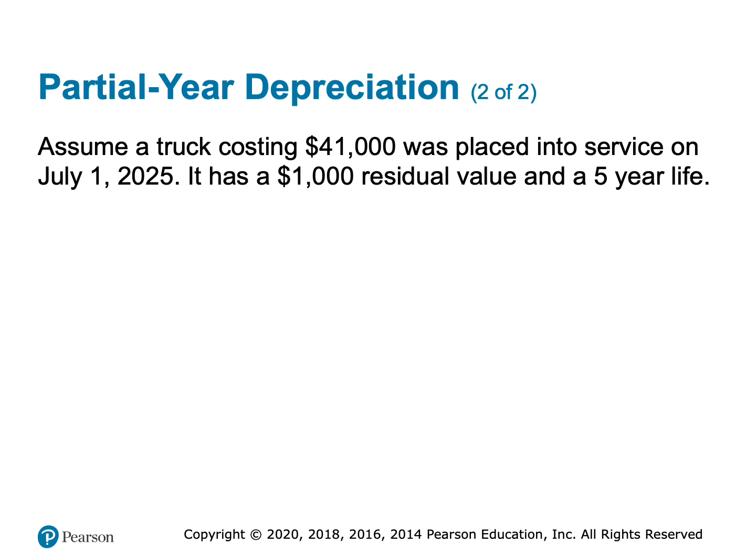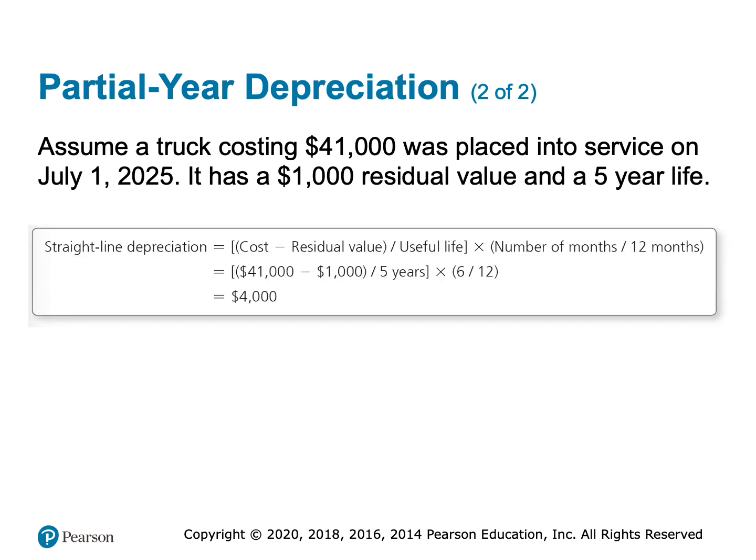If I bought it July 1, that means I'm counting all of July, August, September, October, November, December, or 6 months. So we know that the depreciation rate is 8,000 a year because we've already calculated that before. But if we wanted to just do it from start, we know that it's 41,000 cost minus the 1,000 residual divided by 5 years.